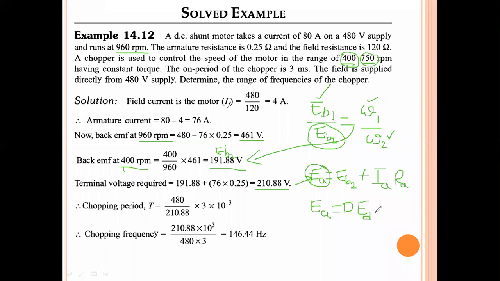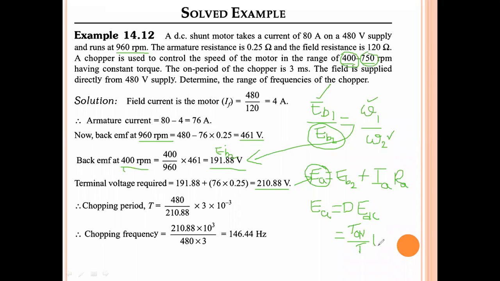We know this formula. EDC is the input voltage, EA is the average voltage or the voltage across the motor terminal, and D is the duty cycle. But we don't know the duty cycle. We know that the duty cycle can also be written as turn on time period by total time period T.